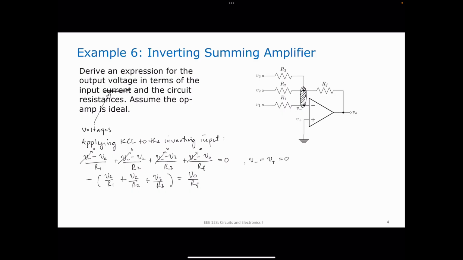Or, expressing VO in terms of the inputs, I have VO is equal to negative (RF over R1 V1 plus RF over R2 V2 plus RF over R3 V3). So this is of the form negative, let me call it, A1 V1 plus A2 V2 plus A3 V3.